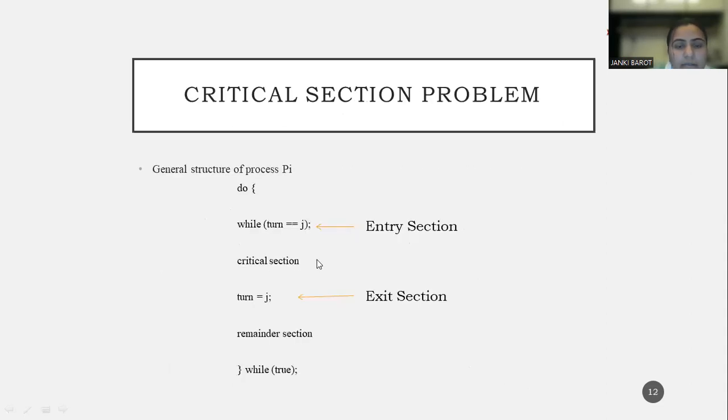If you have three processes, P1, P2 and P3, first P1 will enter, right? And it will be executed and will come outside. So through the exit section, P2 must know that now it's its turn to enter the critical section. This is called progress and it should happen to solve this problem, right?